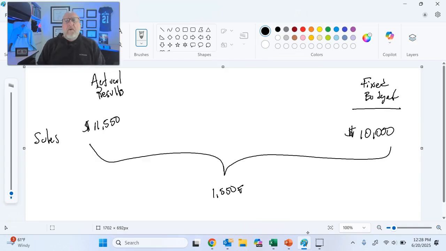And so now what we want to do is we want to say how much of the 1,550 relates to the fact that we sold more units and what portion relates to the fact that we sold at a higher price. The way that we do that, and we've already talked about it, we create a flexible budget. And a flexible budget is just going to restate the fixed budget, but with the actual number of units that we sold.